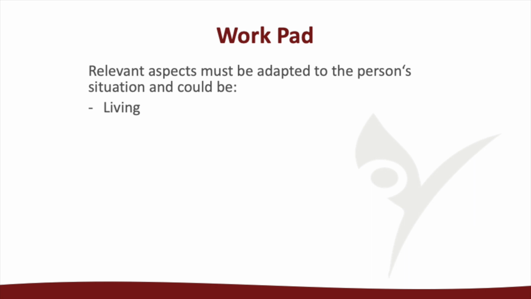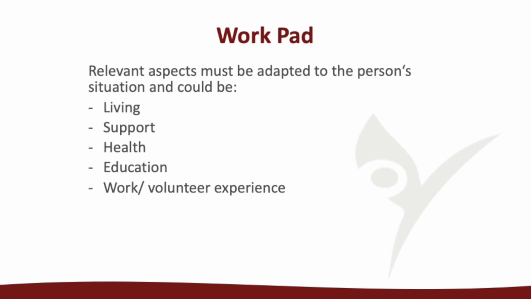For example, living means how satisfied am I with my living situation and how stable it is. Support means the support from, for example, friends, family or professionals. Health means the physical and emotional health. Education, work and volunteer experience. What else? Free time. Values could mean, for example, religious or other external values.